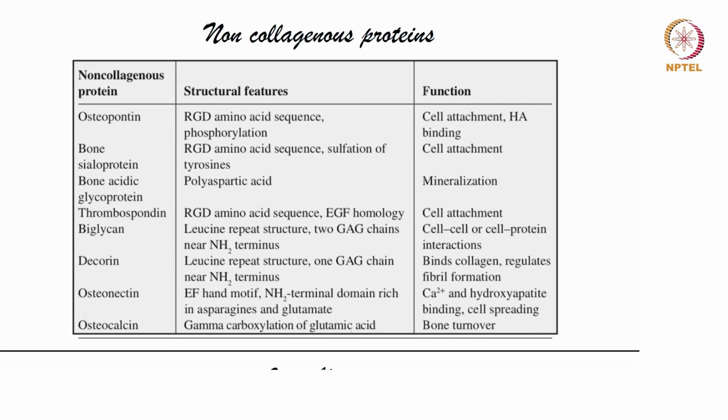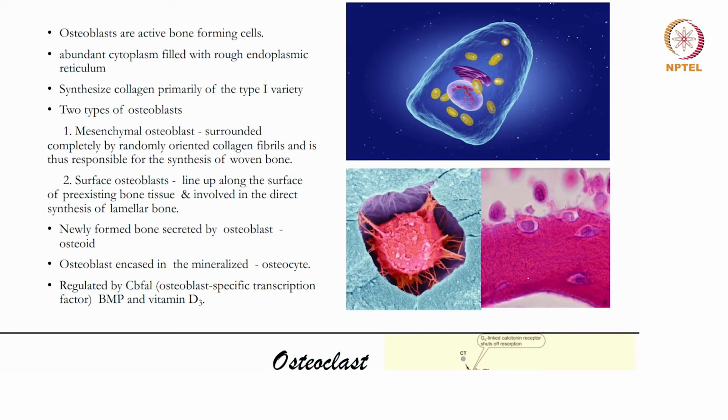To quickly go through them, we have osteopontin, BSP (bone sialoprotein), glycoprotein, thrombospondin, biglycan, decorin, osteonectin and osteocalcin. These have a wide variety of functions ranging from cell attachment, mineralization and fibril formation to calcium binding, cell spreading and bone turnover.